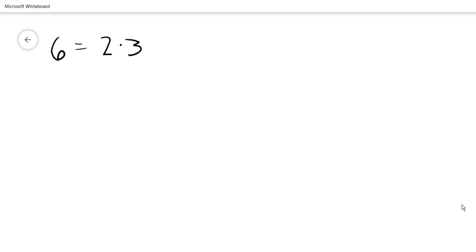Taking that 6, breaking it into 2 times 3, or taking, say, 12. Well, that's just 6 times 2. Which is exactly what this says, 2 times 2 times 3. Or it also says 4 times 3. Okay, this is prime factorization. We can use this for all kinds of neat stuff.